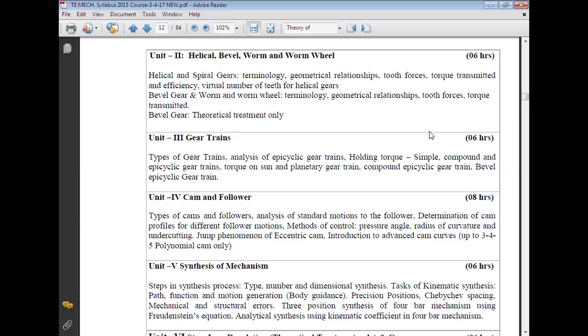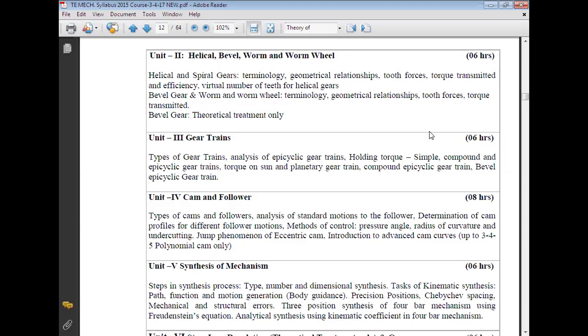Okay, then one concept is there: if we compare this particular gear, say the helical gear, with the other gears, meaning the spur gear, then it will be quite easy for us to analyze this particular gear.